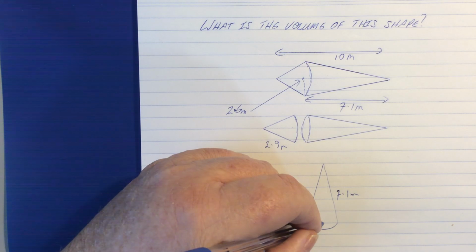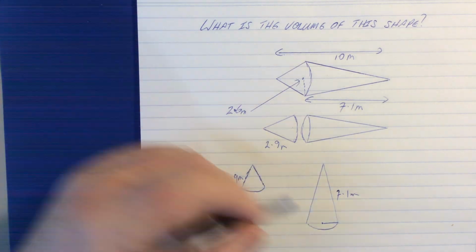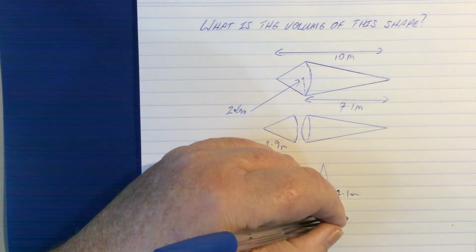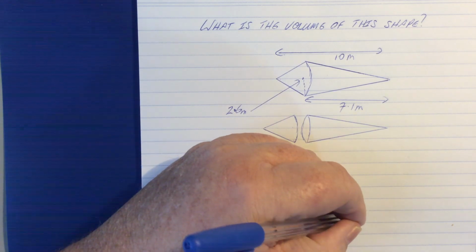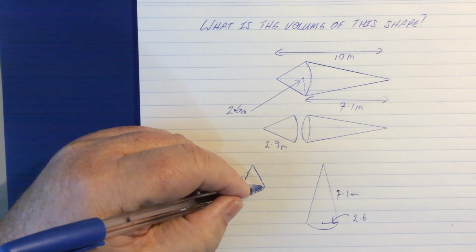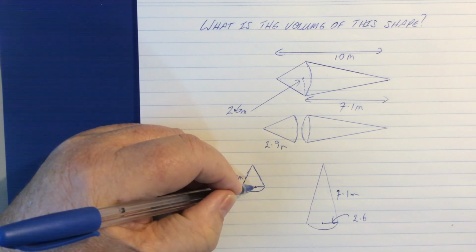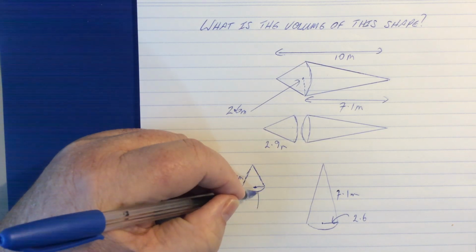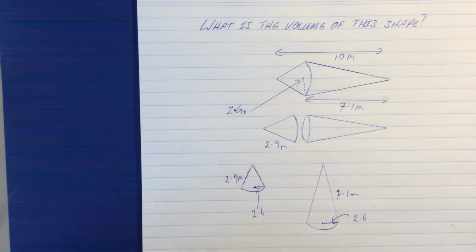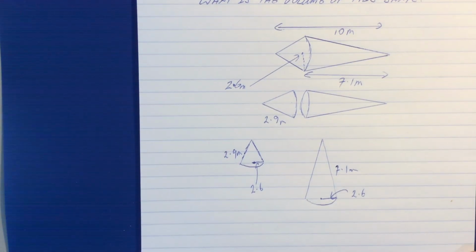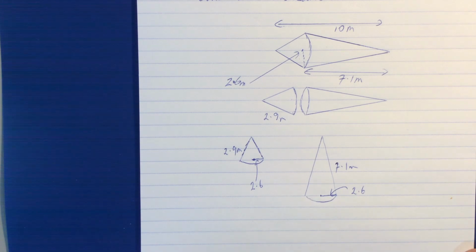The radius of both of them is 2.6, so we'll just put that in there. It's not really in the center, but there, 2.6. Now we have everything that we need to find out the volume.